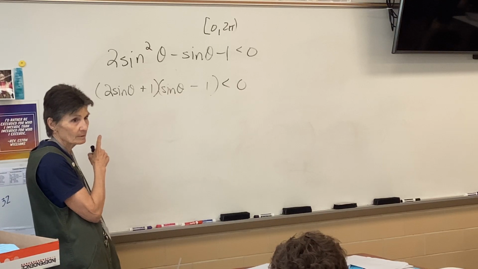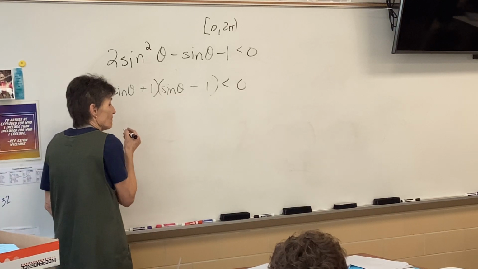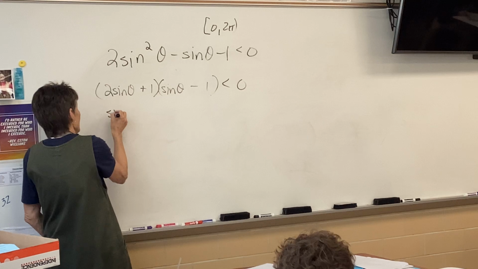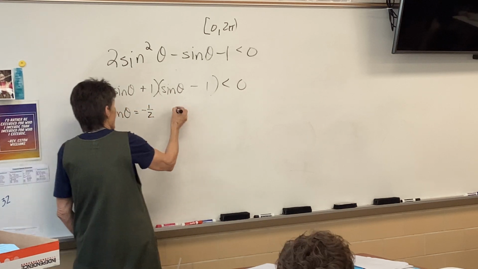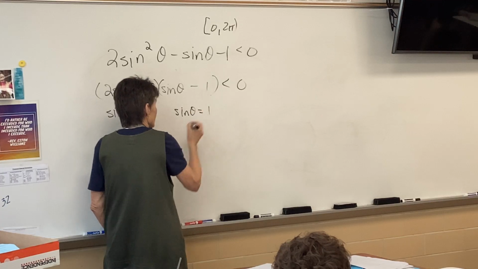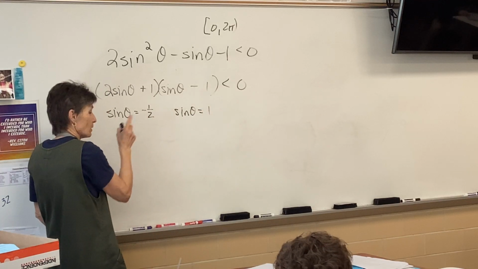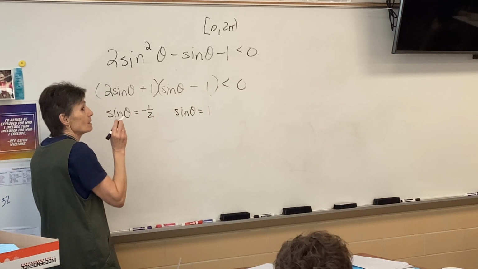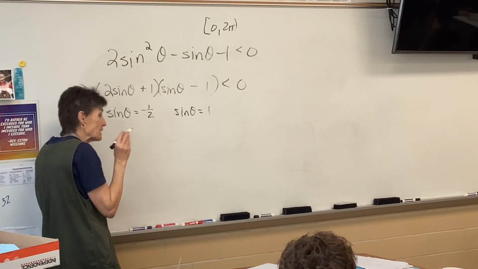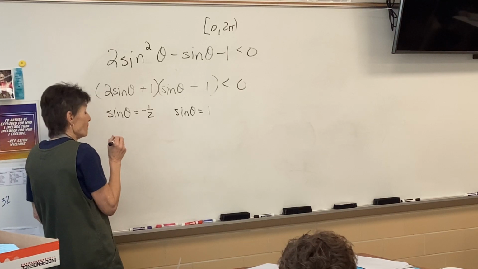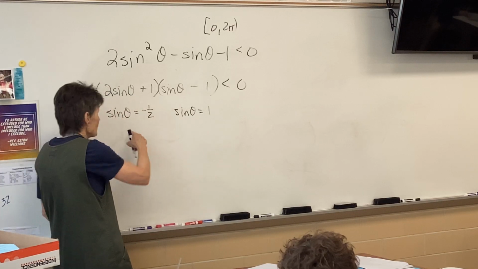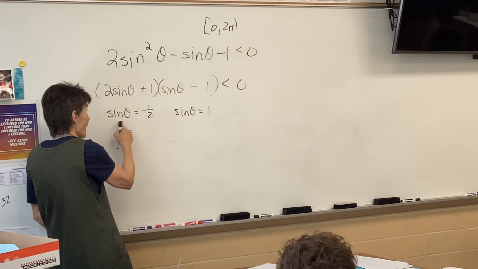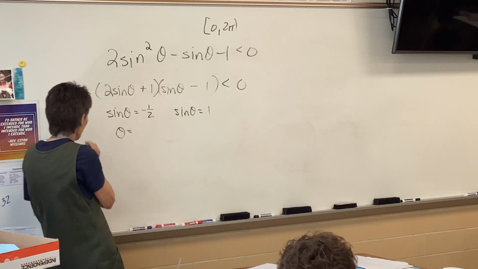Everybody okay? Now, what are my key values going to be? Well, sine is going to be -1/2, and sine is going to be 1. Now, this is an inequality, so I'm going to be drawing and shading on my unit circle, but my dots are going to be located here. So where is the sine -1/2?